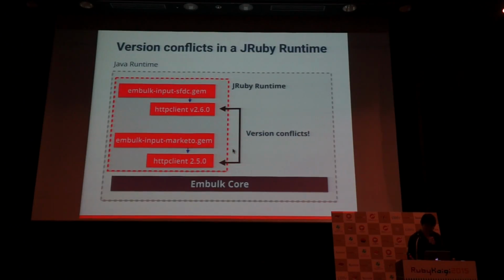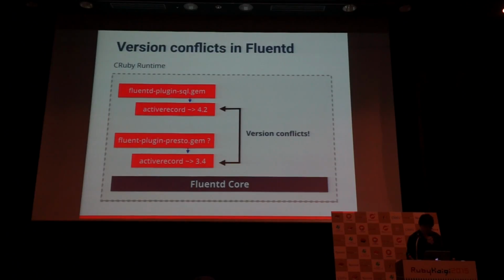So hopefully it works, but it might not work. Well, this conflict also still happens in Fluentd because Fluentd is just a JRuby application. So one plugin depends on Active Record 4.2, the other depends on 3.4, for example. Well, this plugin doesn't exist, so this is just an example, but this conflict happens. So this problem is not solved yet.